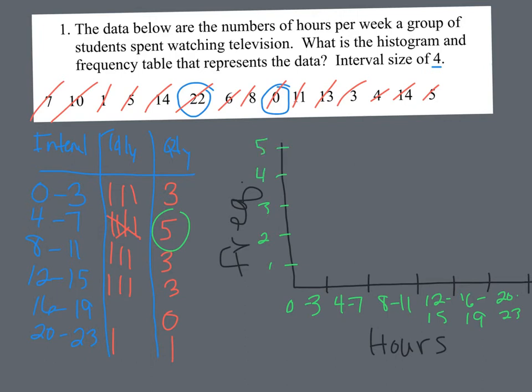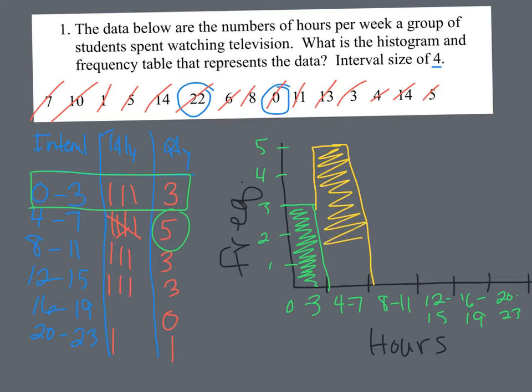All right, so now our first interval here, 0 to 3, has a quantity of 3. So I'm going to draw a line at 3. And then our next one, 4 to 7, has a frequency of 5, so it's going to be attached. 8 to 11 is 3, so we're back down to 3. 12 to 15 is also 3.